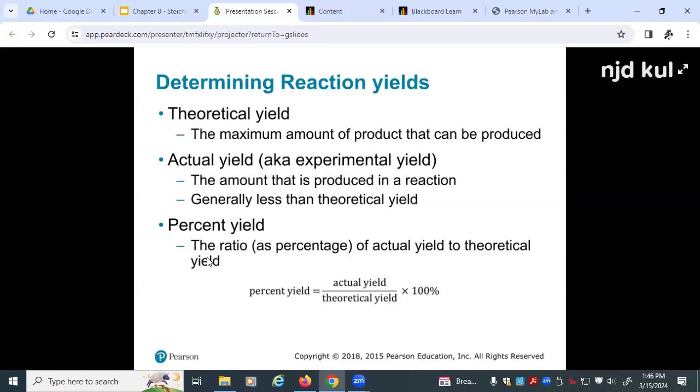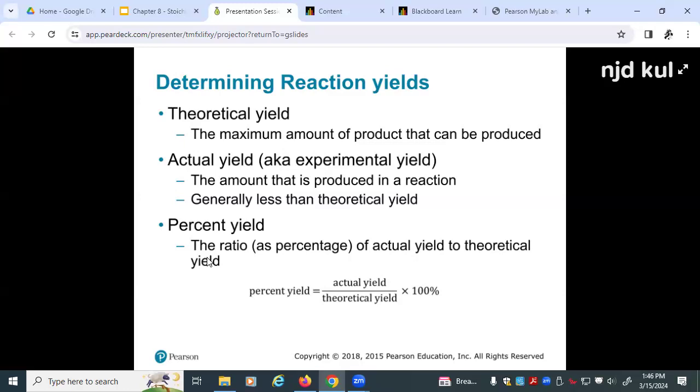We run into issues of purity, we run into issues of side reactions, we run into issues of completion. So the actual yield, the yield that we get when we do the experiment, is usually different. One way that we can calculate the efficiency of our chemical reaction is through something called percent yield.